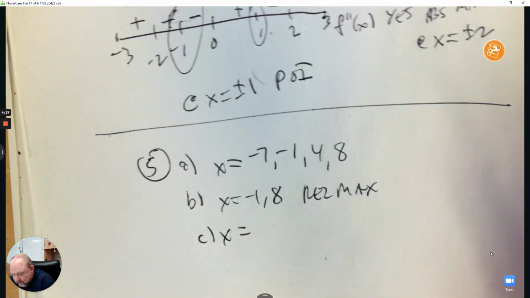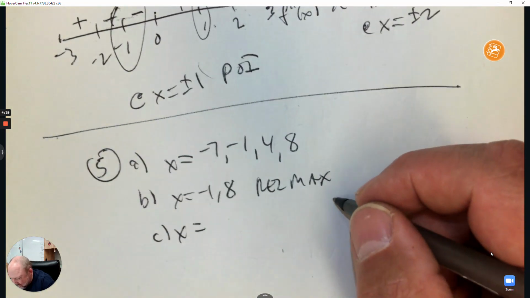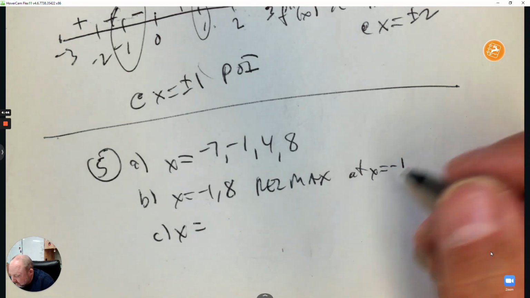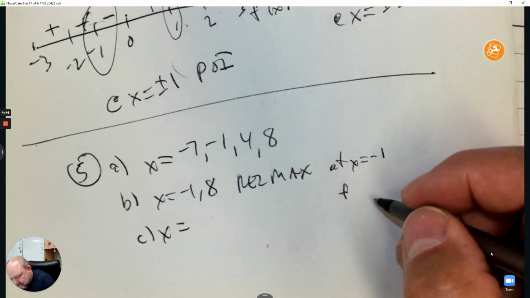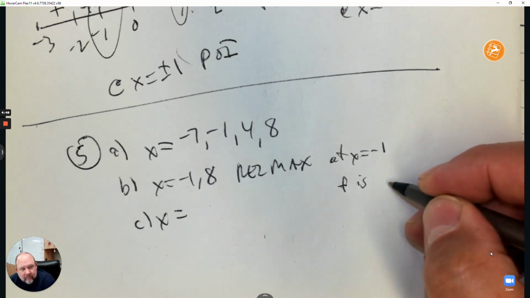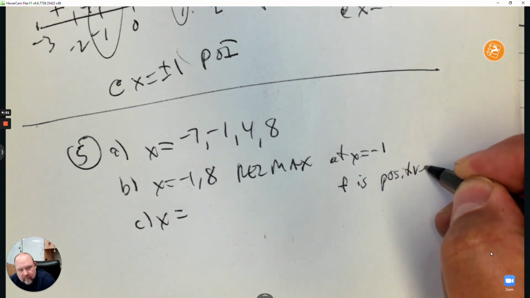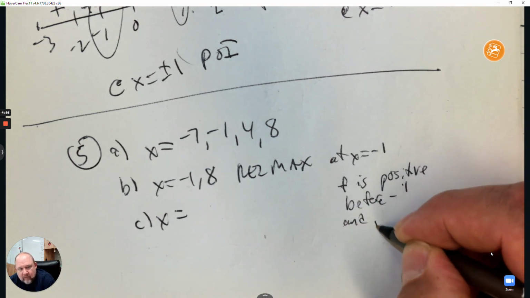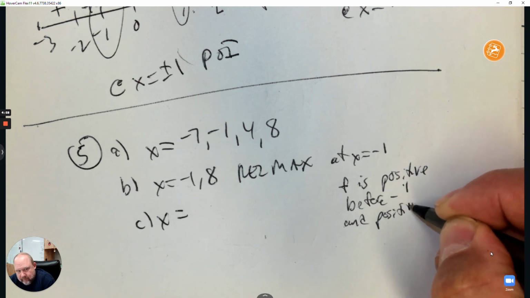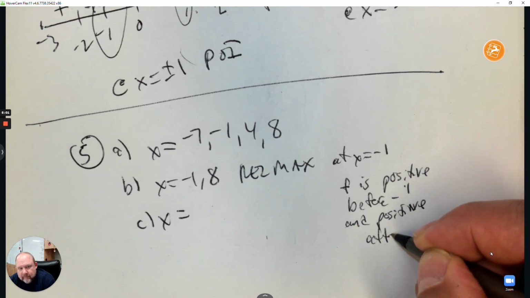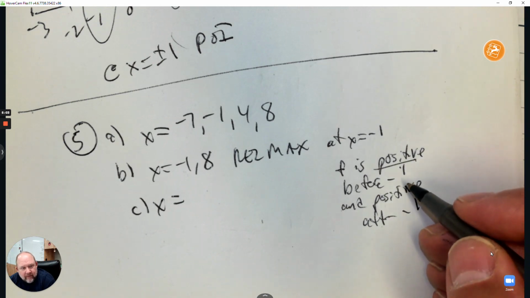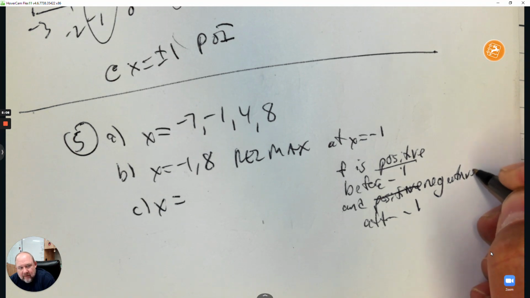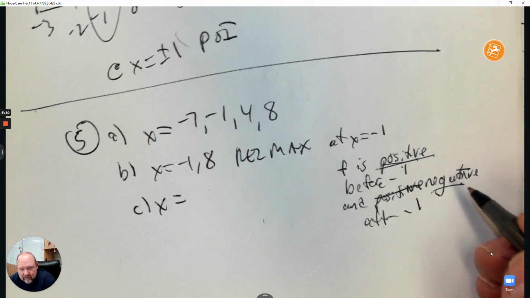No. Oh, and if you would justify your answer, you would say at x equals -1, the derivative goes from positive and is negative after, right? So it goes from positive to negative at those numbers.